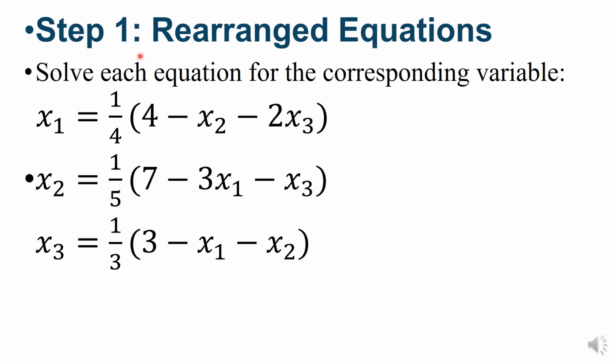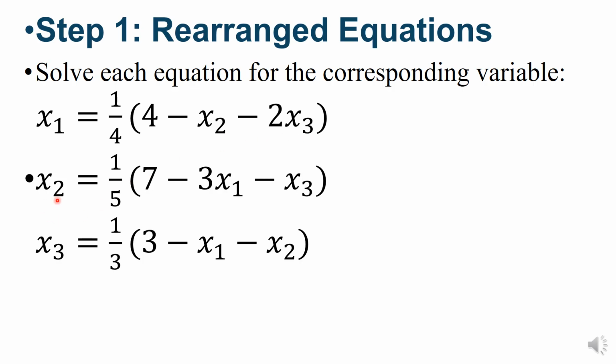Step 1, rearranging the equations. Solve each equation for the corresponding variable. Now you can see what I have defined in the questions. From the first equation we find x1: x1 equal to 1 upon 4 bracket 4 minus x2 minus 2x3.